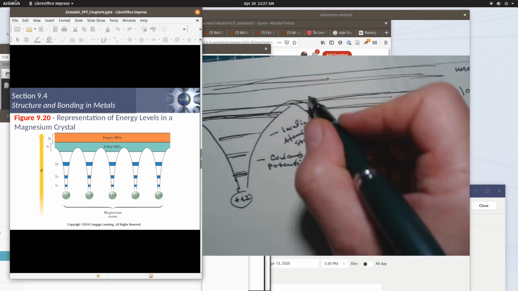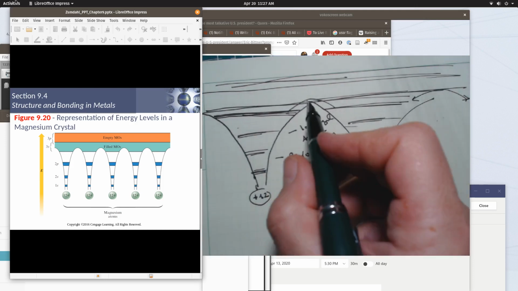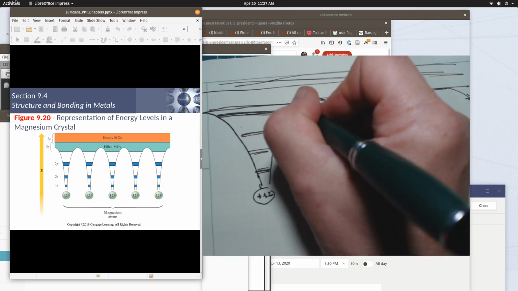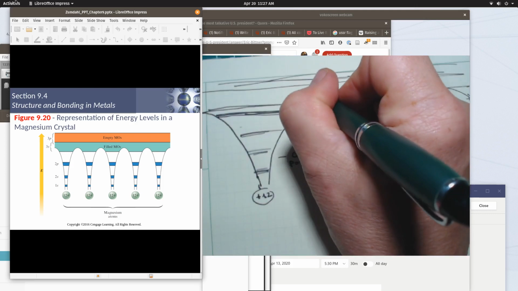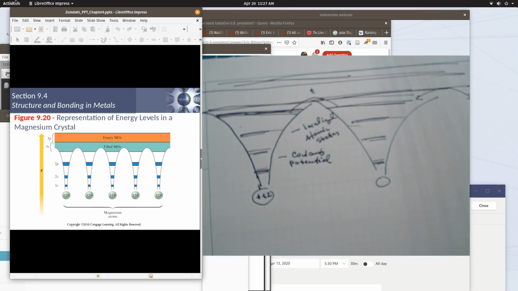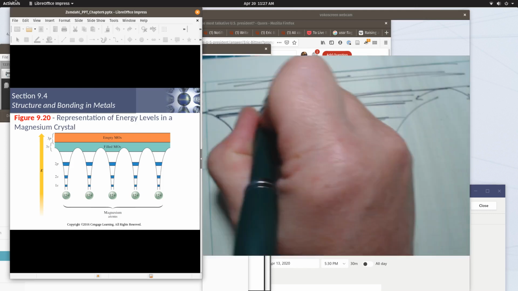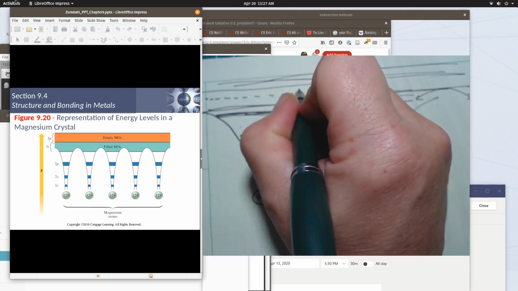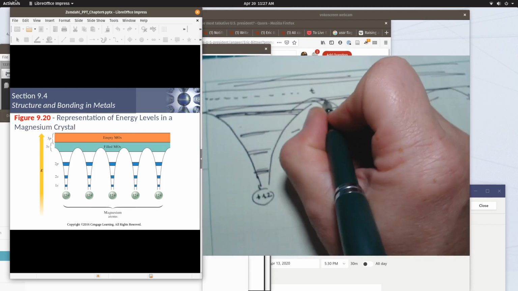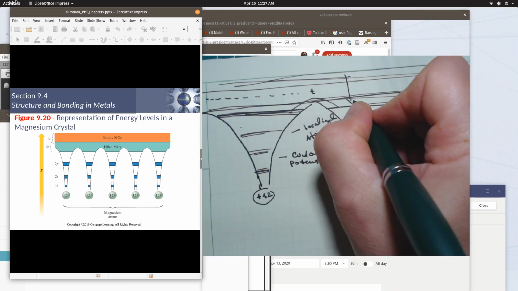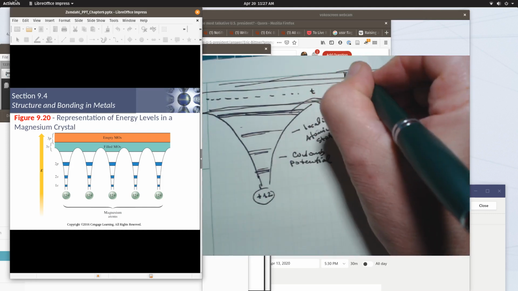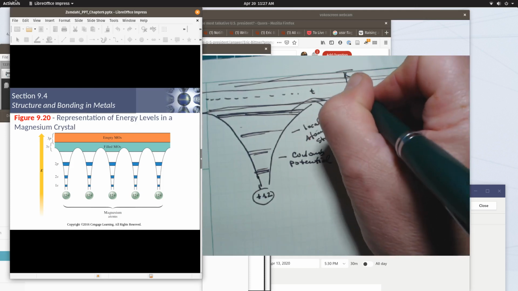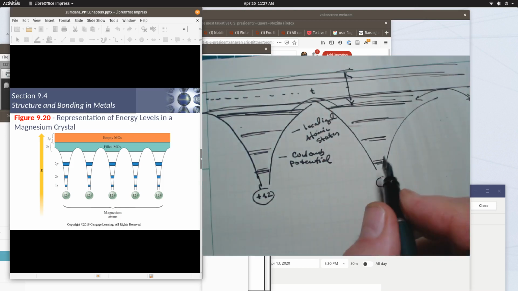Okay, so if I wanted to calculate this T, this is my T, and of course this continues all the way up because it's a metal. The difference between the bottom of that and the top of that is minus 2T and plus 2T.